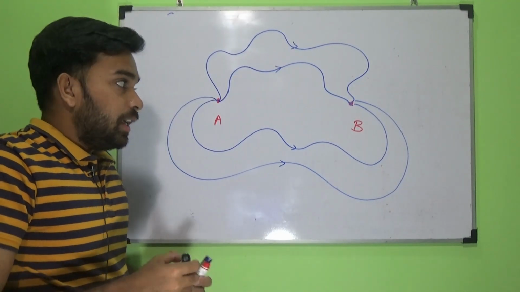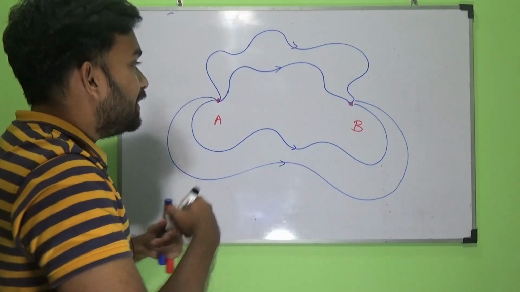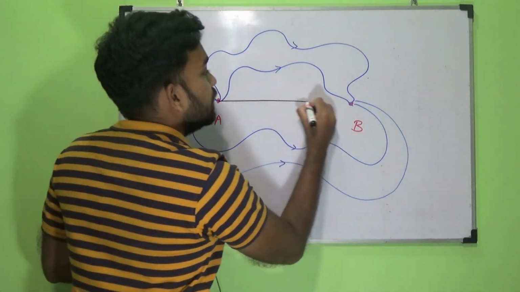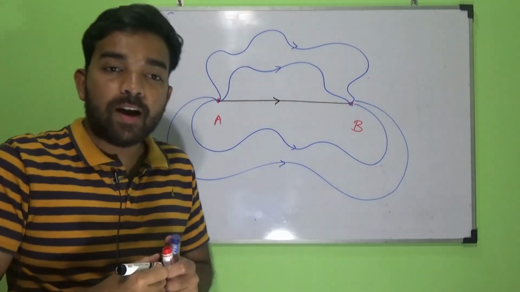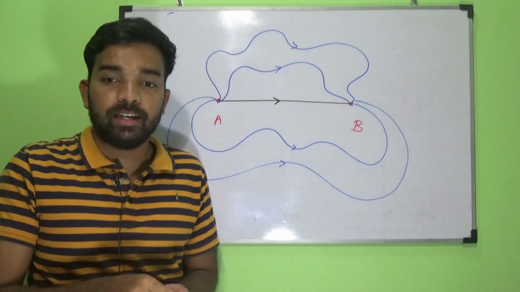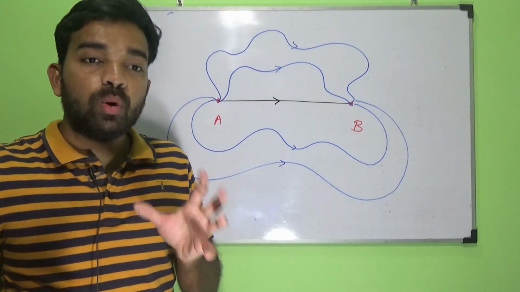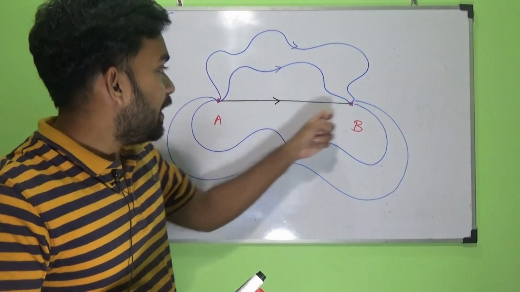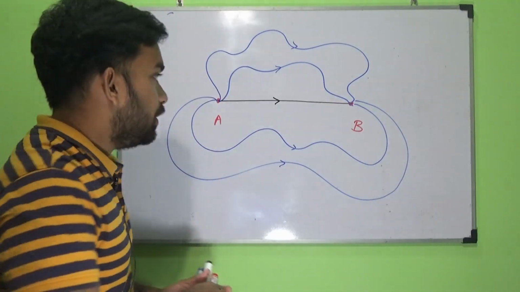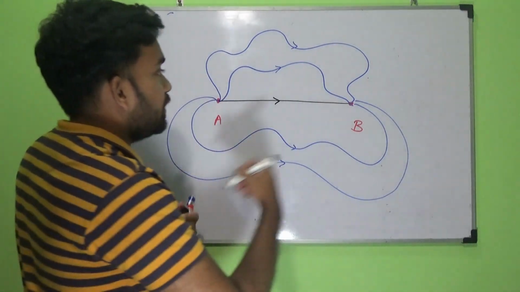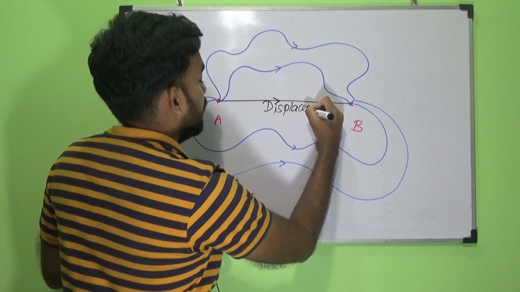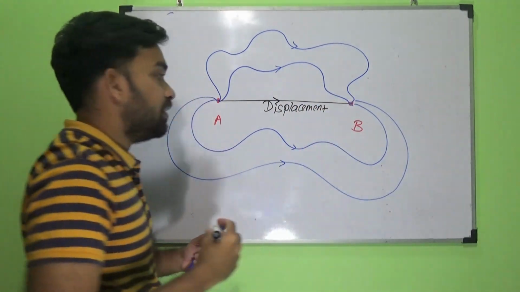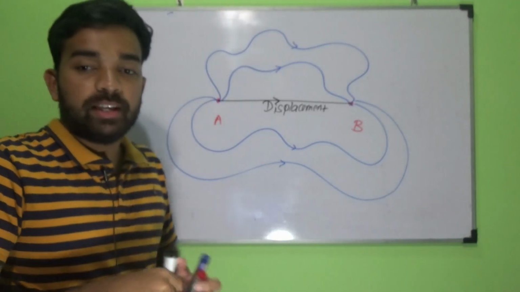But if you consider the shortest distance between A to B, there is only one shortest distance, right? There is only one shortest distance between A and B. So this shortest distance is known as the displacement, right? The shortest distance is known as the displacement.